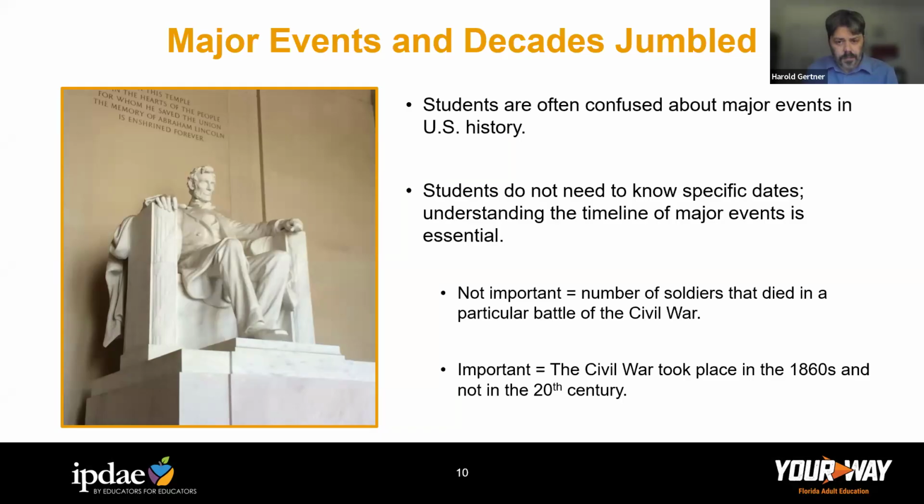I've had students, well, as I note here at the bottom of the slide, it's important that students know that the Civil War took place in the 1800s or the 1860s. I've had students that have basically gotten the Civil War mixed up with the Civil Rights Movement. And wasn't that in the 1960s or so? It's like, oh, that was a different, I mean, there's a close resemblance in the names, but a very different time period and whatnot.